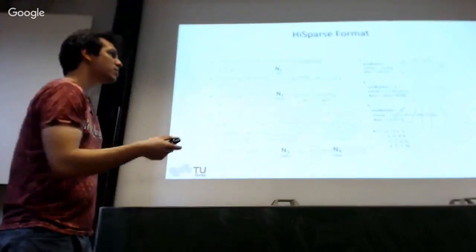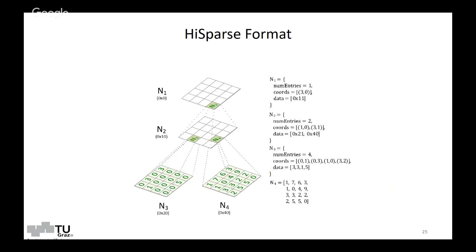So here is a small example of how this would look in memory, the same nodes that we had before, but now showing how we store them. This root node would have the two entries and a pointer to the next node. The next node then has two entries with the coordinates and pointers to leaf nodes. And then the leaf nodes in the coordinate format again have the coordinates and the values, or as a dense node simply laid out linearly in memory.